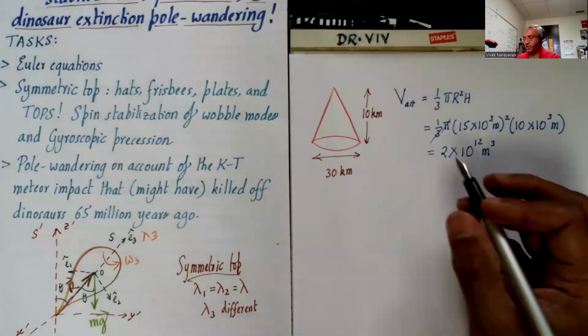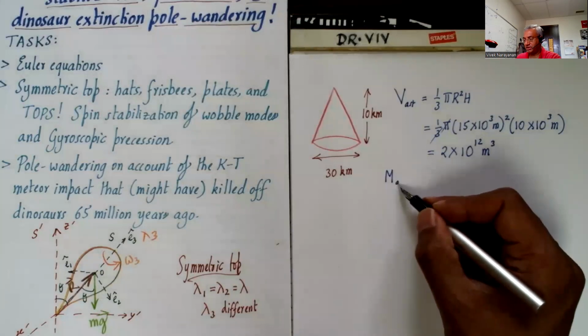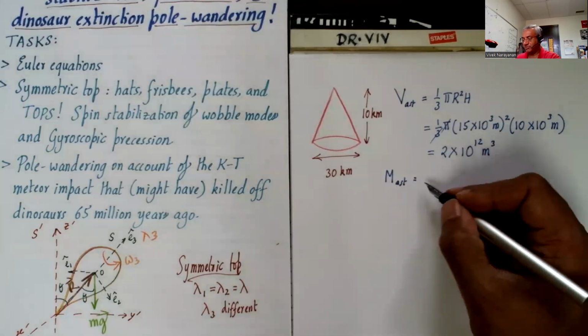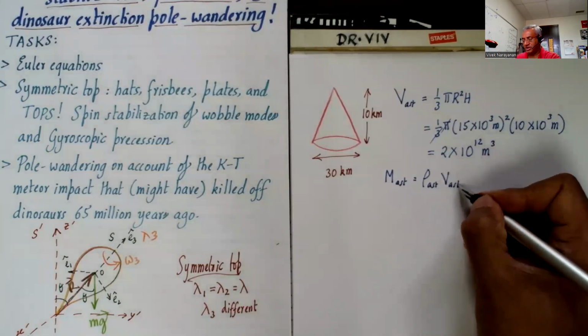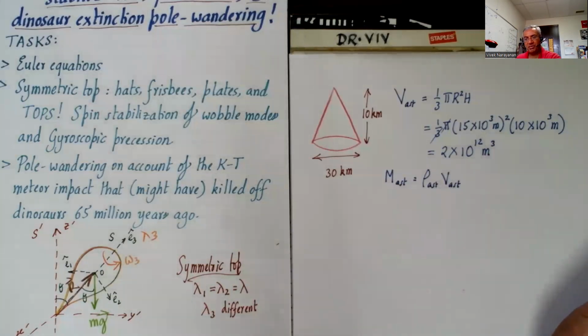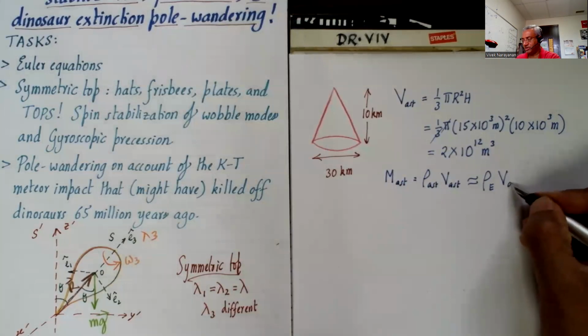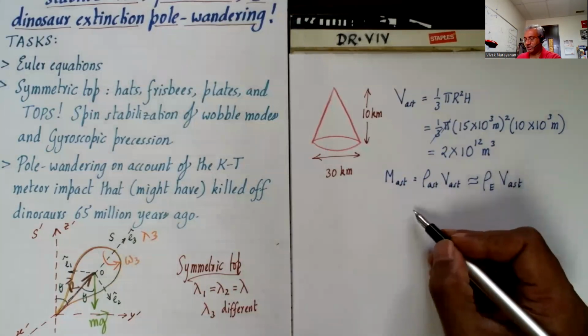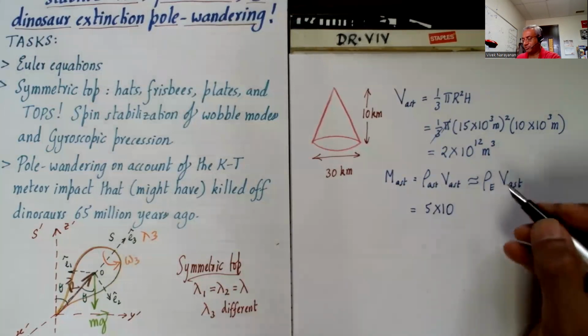Pretty big deal. So the mass of the asteroid, MAST, is going to be the density times volume. Now, most asteroids are about the density of Earth. So it's about the density of Earth times the volume of the asteroid. Well, the density of the Earth I know to be something like 5.5. I'll just call it 5 grams per cubic centimeter.